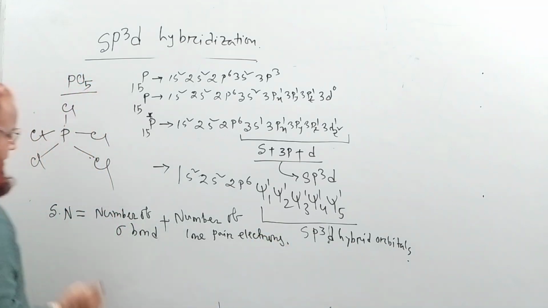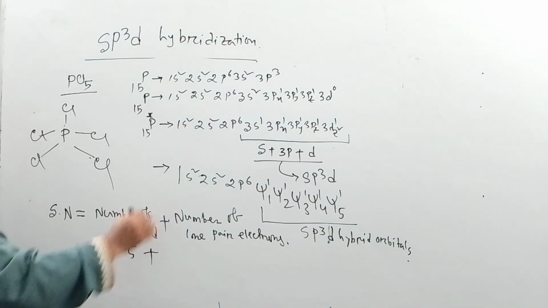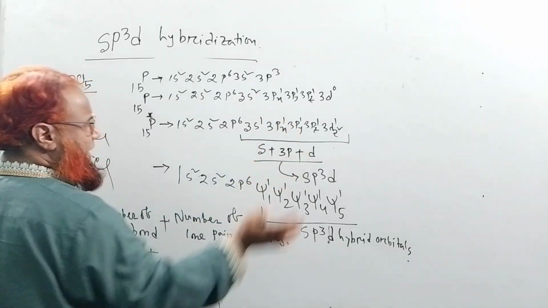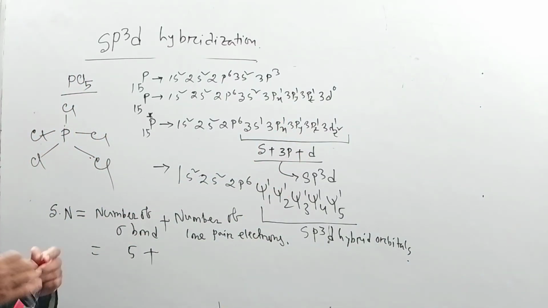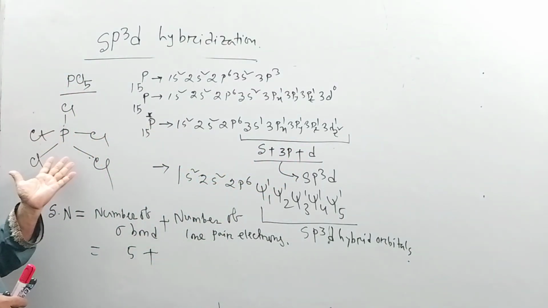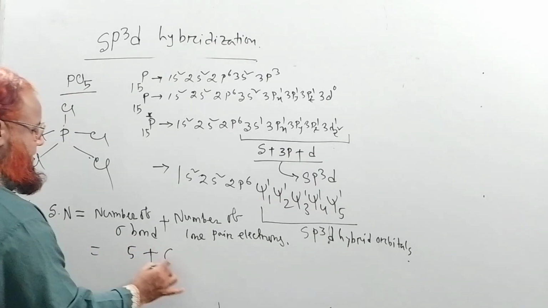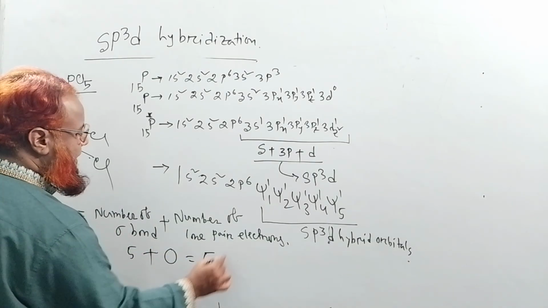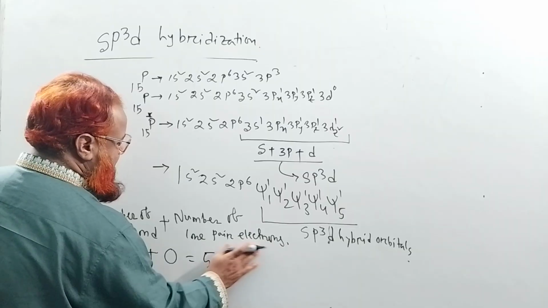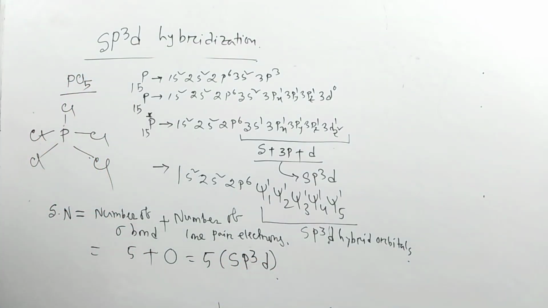So here how many sigma bonds? 5, and there is no lone pair. If you observe this electronic configuration, the 5 unpaired electrons of phosphorus already participate in the 5 sigma bonds. There is no lone pair on phosphorus, so here lone pair is 0 and steric number is 5, and you know that steric number 5 means sp3d hybridization, that was already discussed in our first classes. Okay.